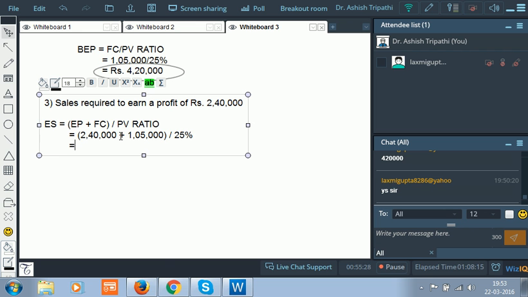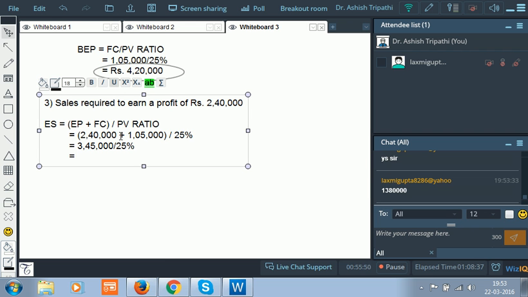PV ratio कितना है? PV ratio is 25%. So let us solve. That is equal to 2,40,000 plus 1,05,000 is equal to 3,45,000. So we got 3,45,000.